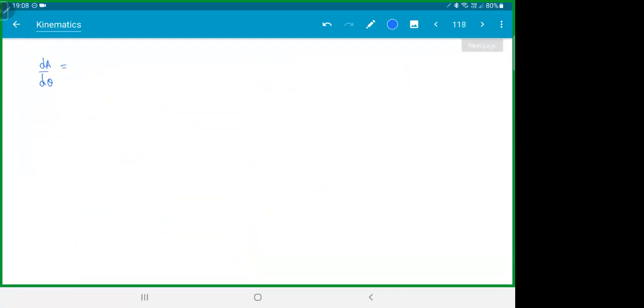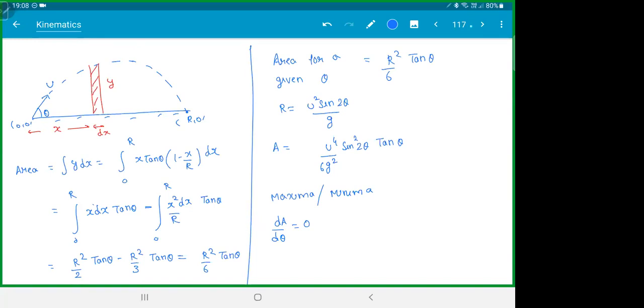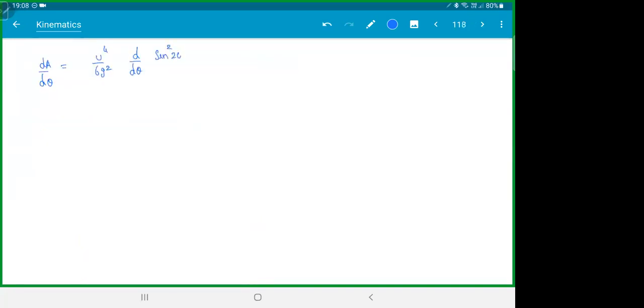This is all constant, u power 4 by 6g square, d by d theta of sin square 2 theta tan theta, differential should be 0. Use the product rule. This would be 2 sin 2 theta, and differential of sin 2 theta is cos 2 theta into 2, tan theta plus sin square 2 theta, and differential of tan theta is sec square theta, equal to 0.